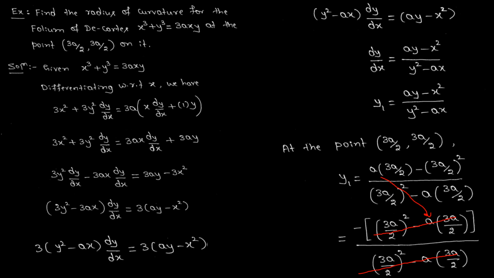That is the reason behind taking minus sign outside, so that we can make the terms same and we can cancel. Therefore y1 is minus 1.